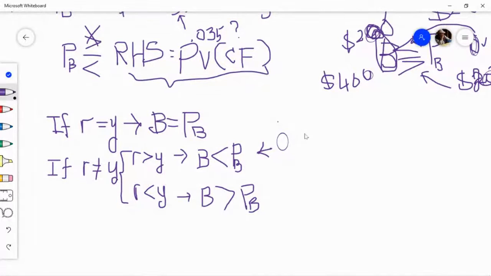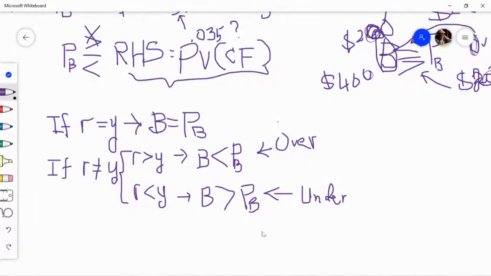Because you're using a higher discount rate, so it will be overvalued. And if it's the other way around, it's undervalued.